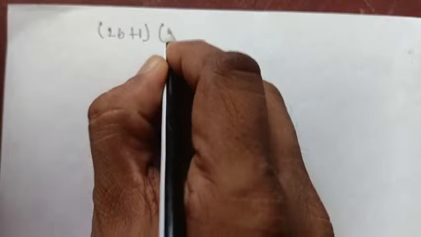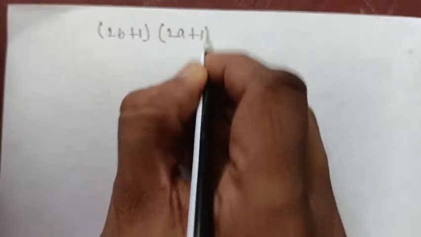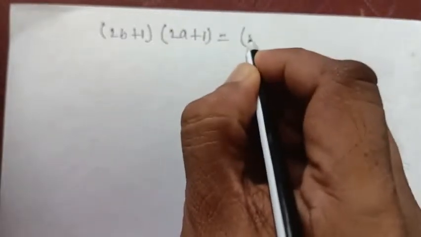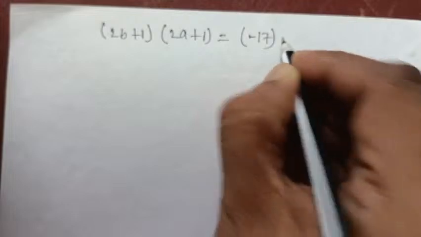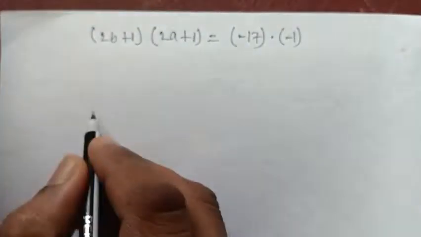Now if we consider the minus cases, like 2b plus 1 and 2a plus 1 equals minus 17 into minus 1.